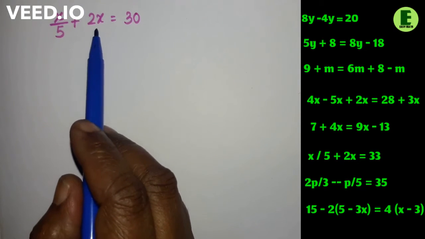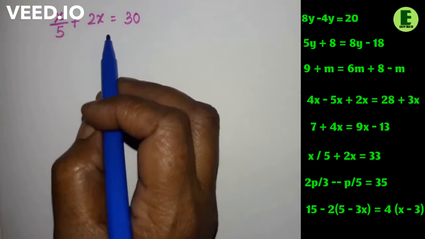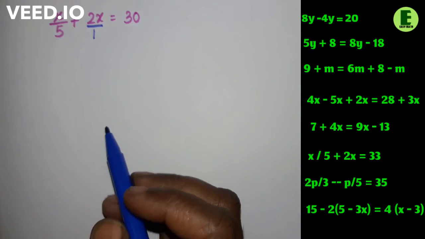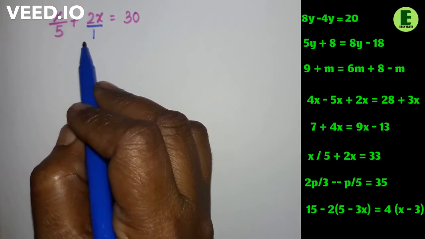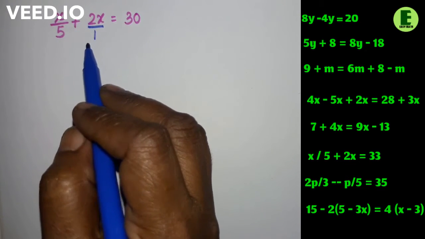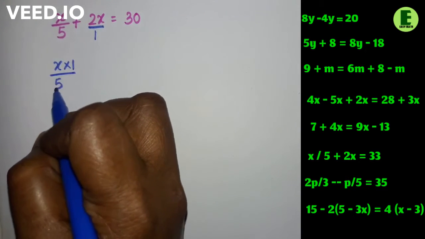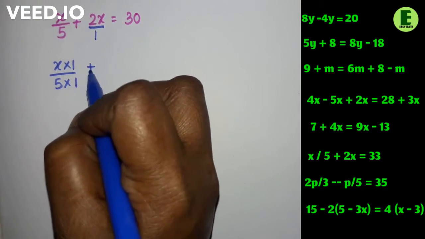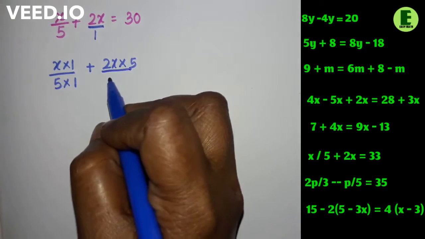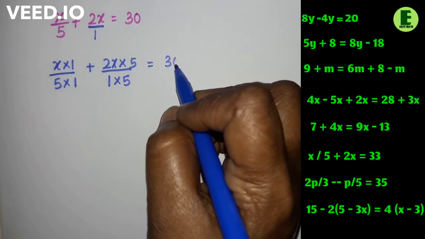x by 5 plus 2x is equal to 30. Now since we have 2x, let us write it as 2x by 1. And now we have to take the LCM of 5 and 1. LCM of 5 and 1 is 5. So x into 1 by 5 into 1 plus 2x into 5 divided by 1 into 5 is equal to 30.